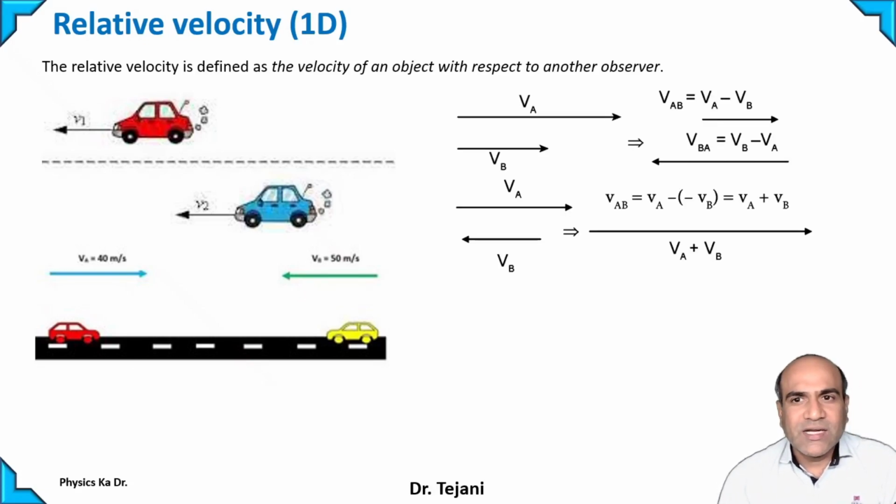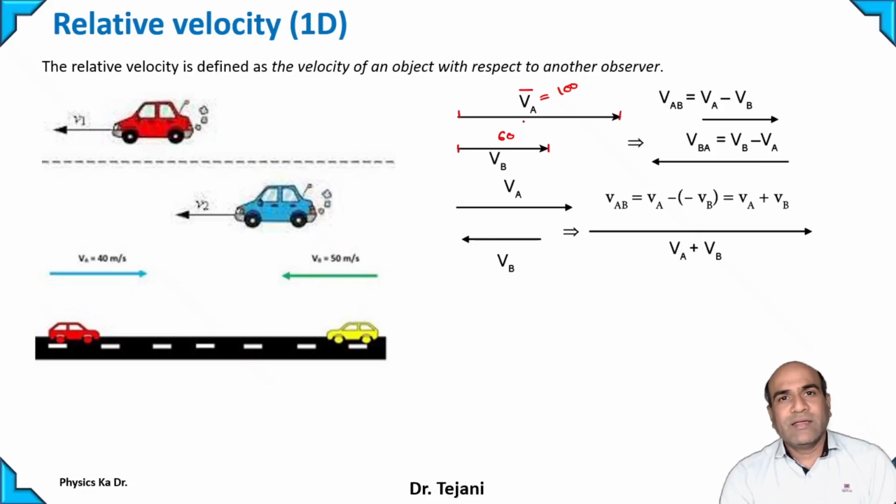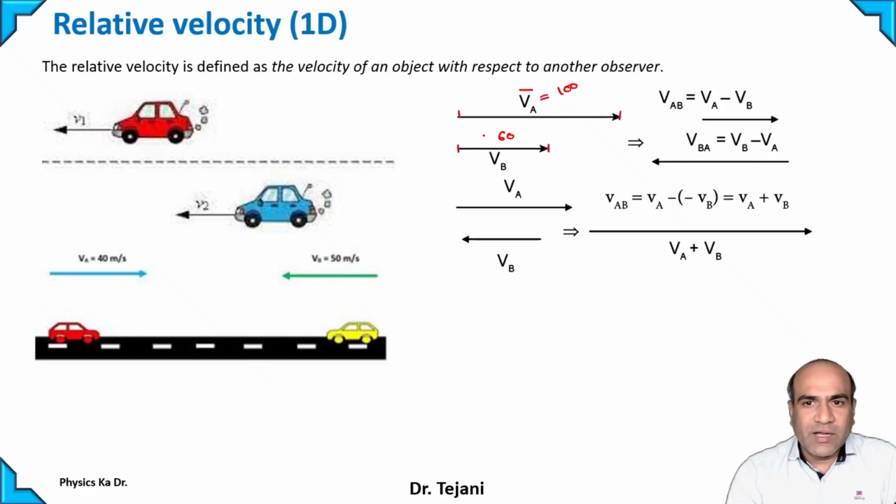So now let us understand in terms of vectors. Say for example, this velocity A is in the direction of x and has higher speed. So a bigger vector, say for example, this is equal to 100 kilometer per hour, and another vehicle is also moving in the same direction at 60 kilometer per hour, right?